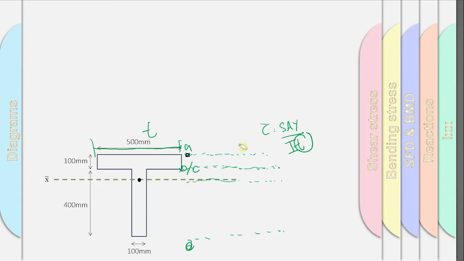Therefore point B and C are at the same place, and then we have point D at the centroid. So you also have 5 points.